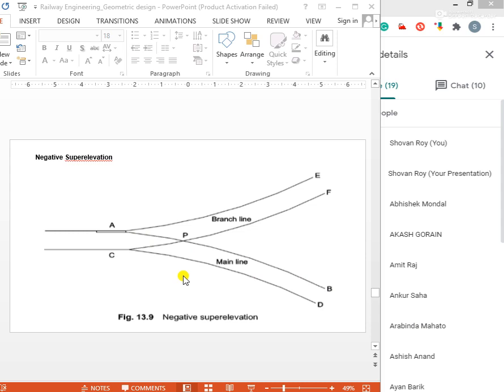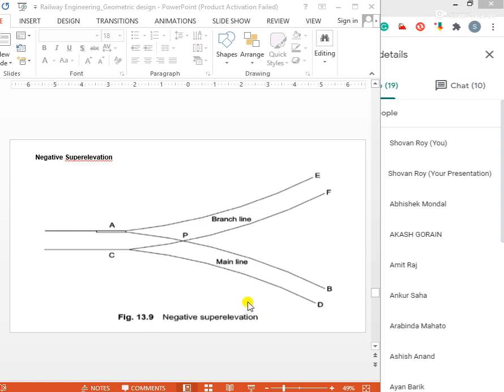In this figure, the outer rail of the main line curve must be higher than CD. For the branch line, however, CF should be higher than AE or point C, and for the main line AB should be higher than CD.